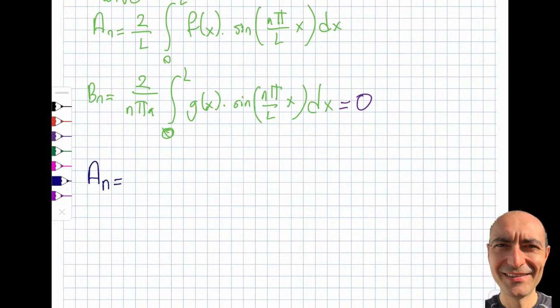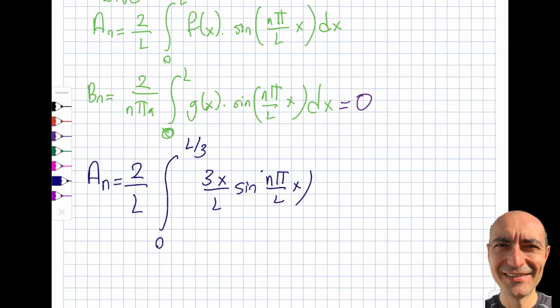So this a_n will be 2 by L times the integral from 0 to L by 3 of (3x/L) sine(n pi x/L) dx. That's the first one. Actually, let's put a big bracket.